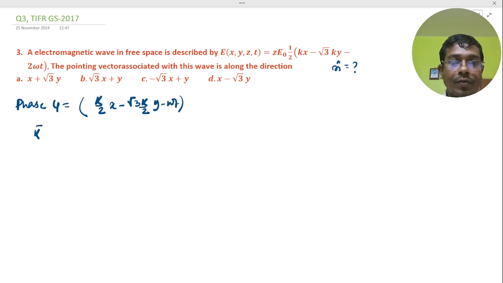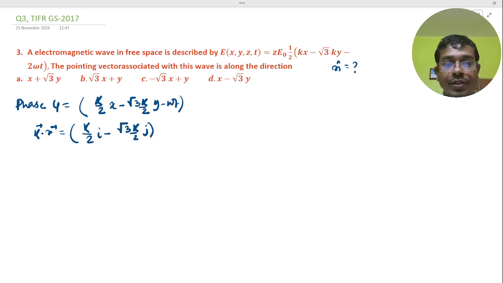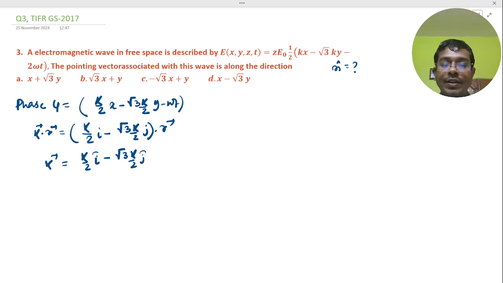After that, k dot r, where r must be xi plus yj plus zk, and k by 2 i minus root 3 k by 2 j dot r. Basically we would get k by 2 i minus root 3 k by 2 j, and the unit vector is the direction of propagation, and it would become the Poynting vector direction.